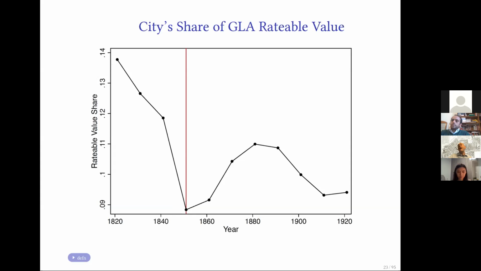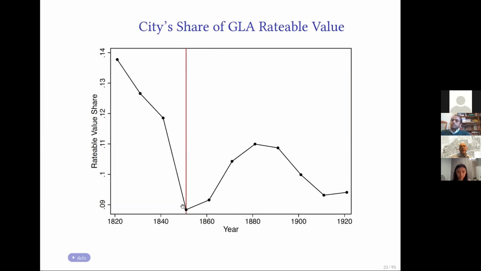Because this is a share. As we saw earlier, in the first half of the 19th century, the area of built up land in the London metropolitan area is growing as the city expands outwards. As the area of developed land gets bigger, the share of the already developed land in that total is going to get smaller because the denominator is increasing. So that's a very natural feature if the city is growing outwards on the extensive margin.